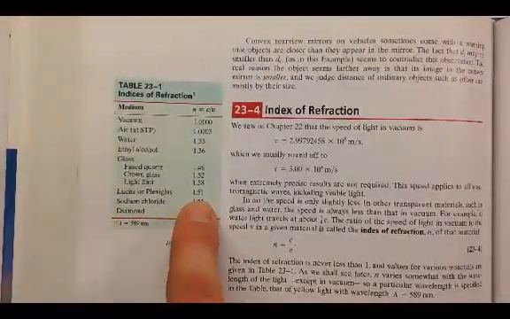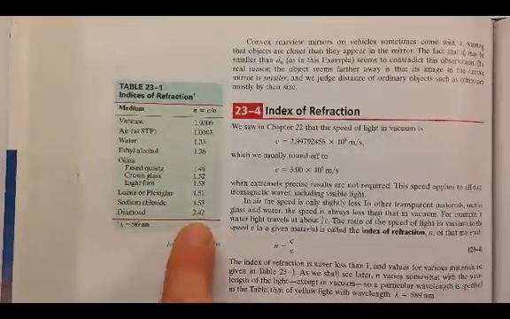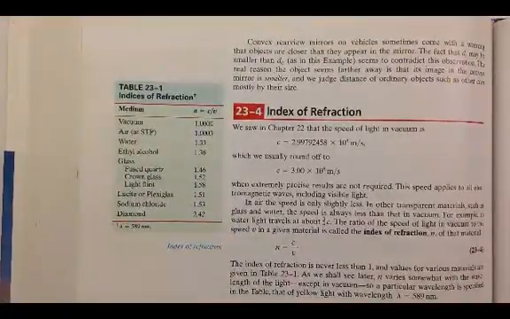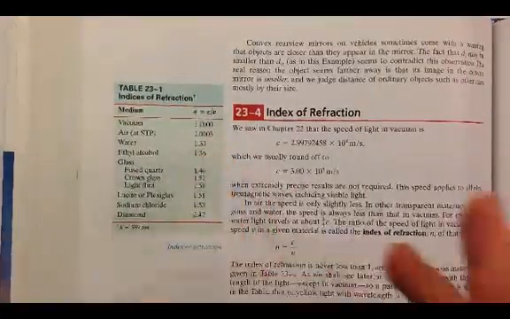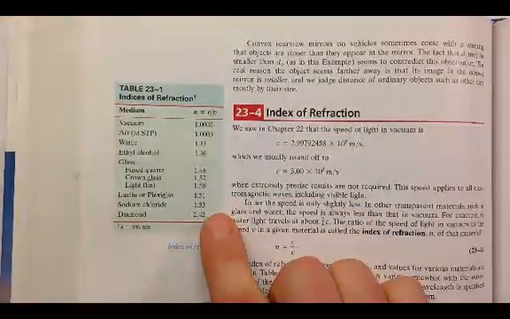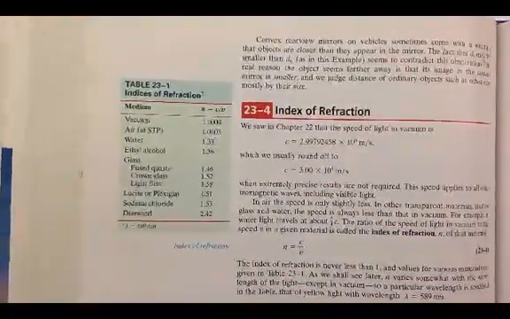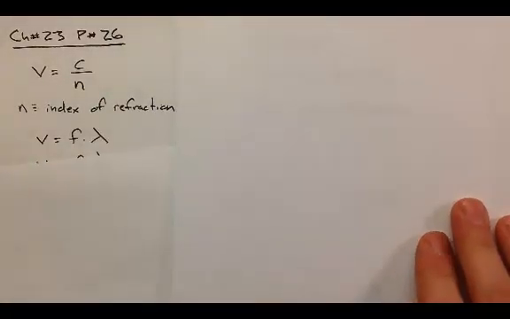So it is 1.5 times slower in plexiglass, 2.4 times slower in a diamond. In air, it's only slightly slower. For all practical purposes, the same. So light slows down when it enters a new medium.